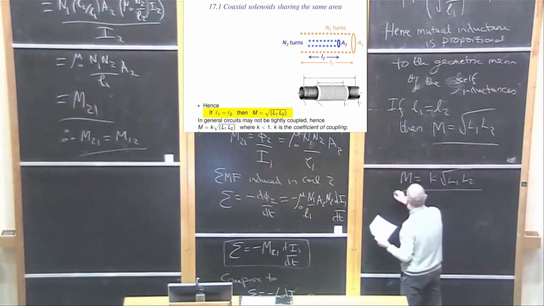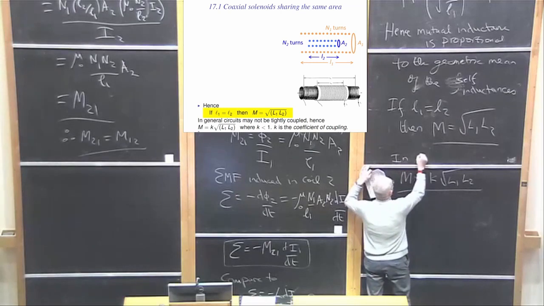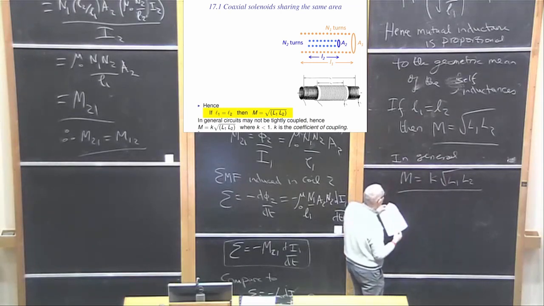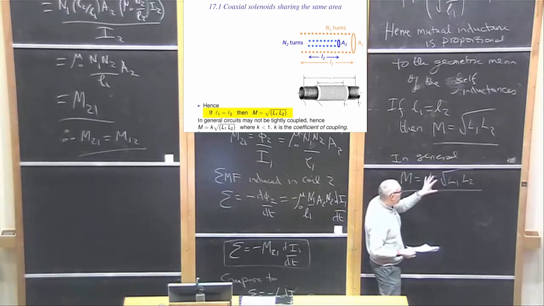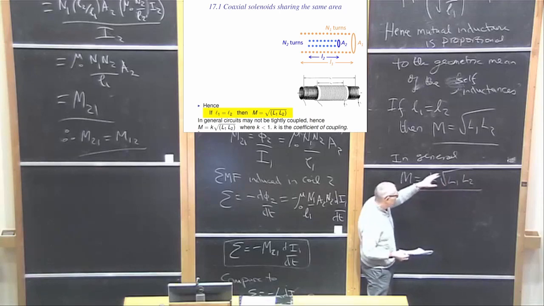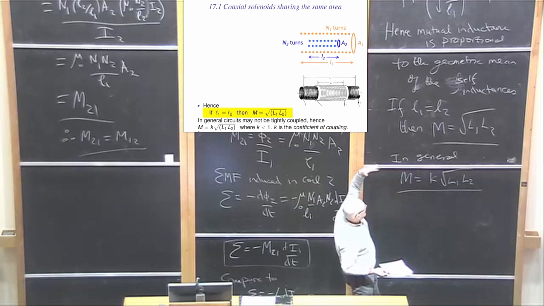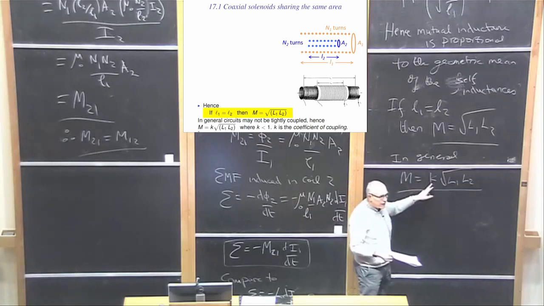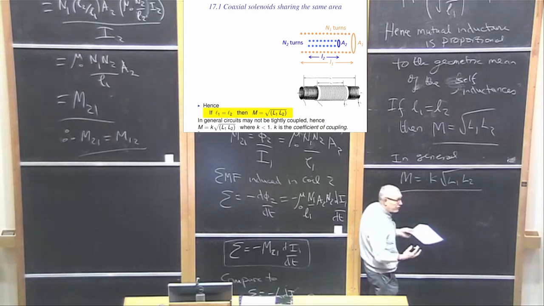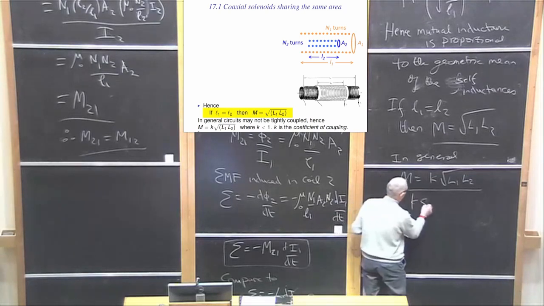So that expression is in general: the mutual inductance is proportional to the geometric mean of the self-inductances. Of course, if the areas or lengths are different, then K is going to be different from 1. And it's always going to be less than 1 in general.